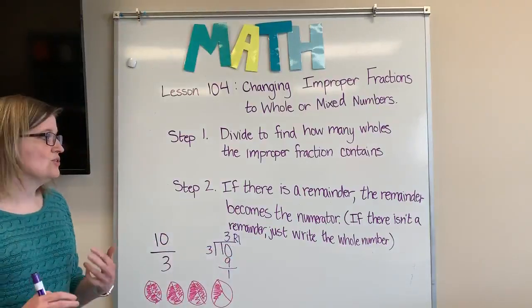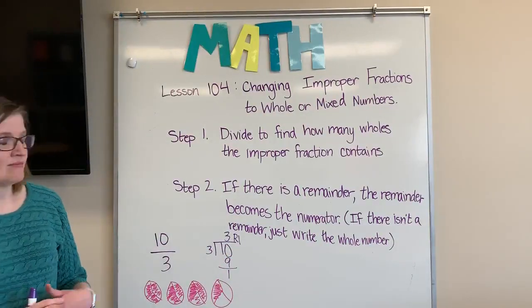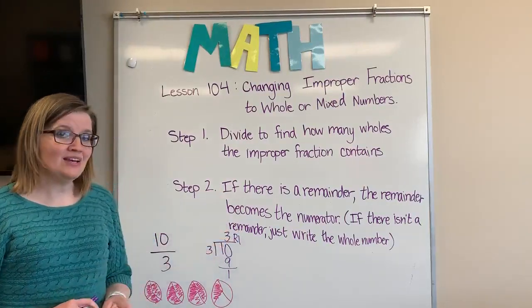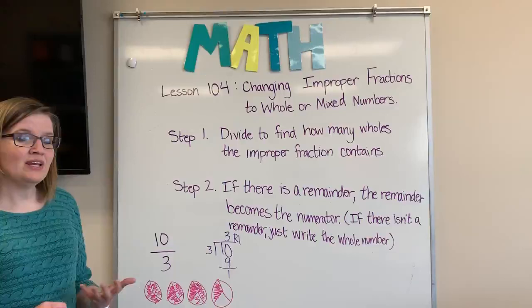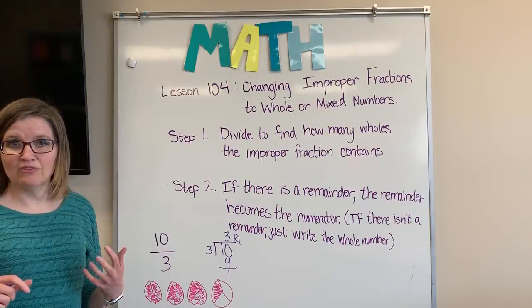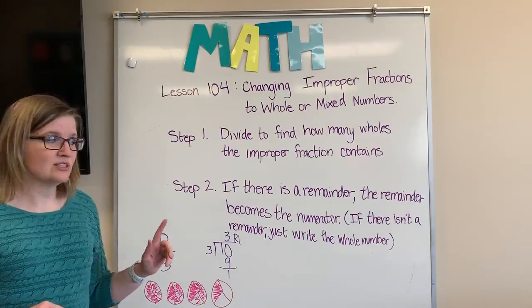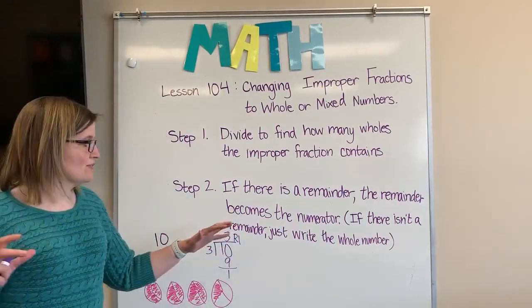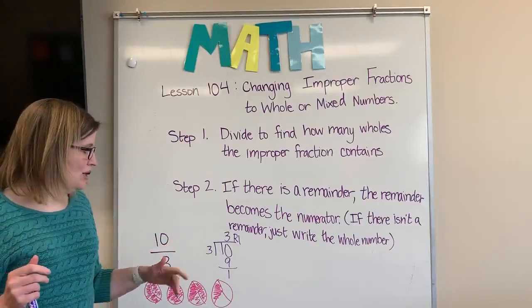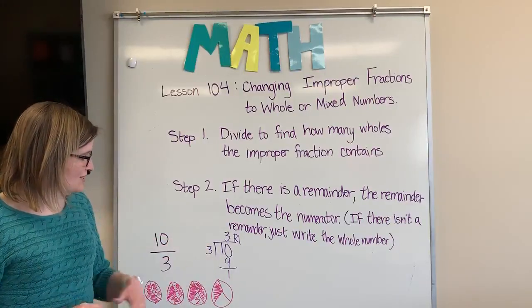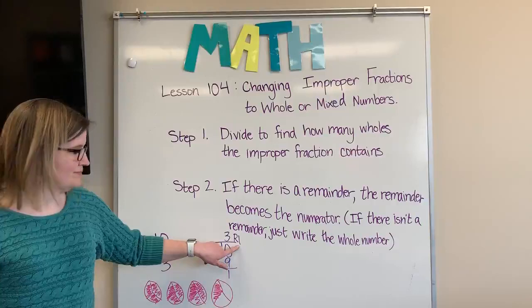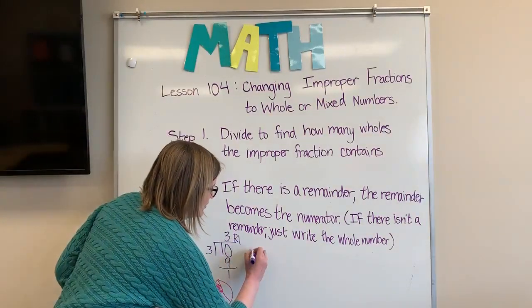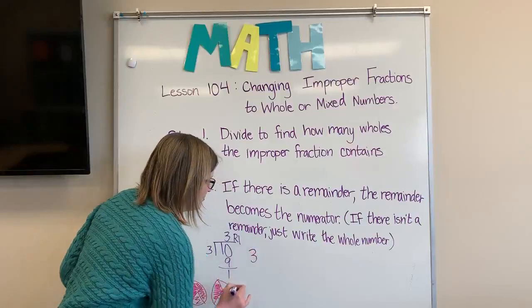That takes us to our second step, which says, and please write this down, if there is a remainder, the remainder becomes the numerator of your fraction. Now, just a little note, if there is no remainder, then you don't have to worry about it, you just write the whole number. But in this situation, we've got a remainder here. So this is what you need to do. We have our 3 wholes.